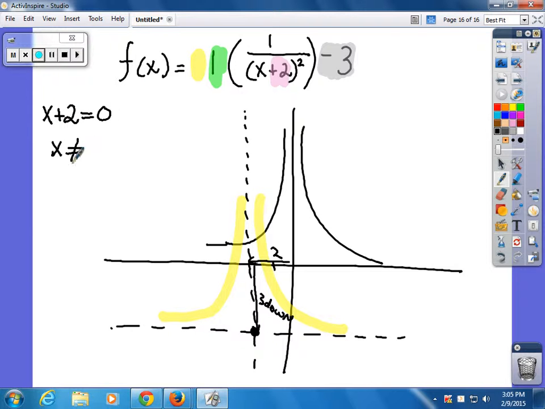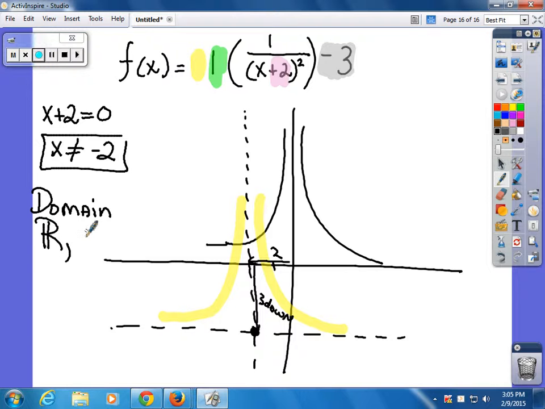X cannot equal what? -2. So that means that domain is all real numbers, except x cannot equal what? -2, Hubert. That's right.